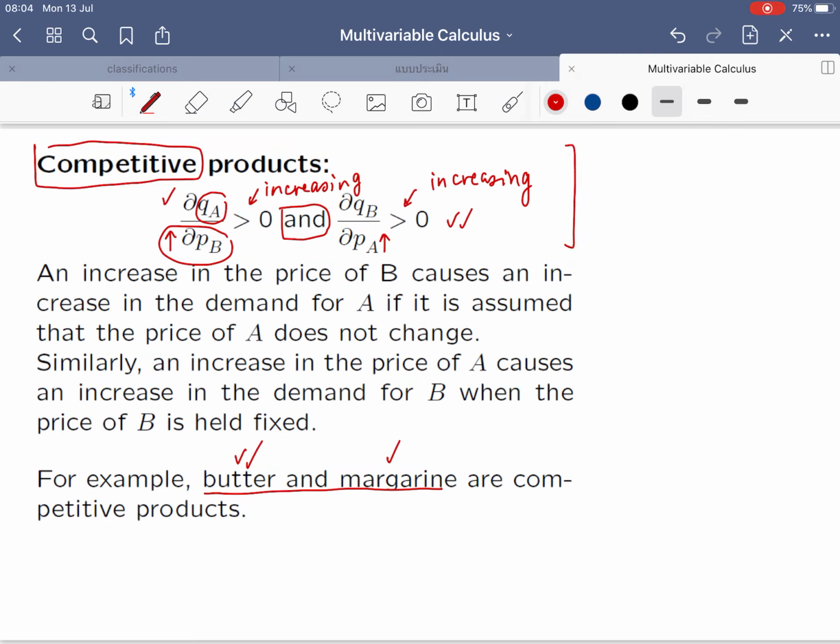The other will be the opposite. For example, I'll remember the competitive: both derivatives with respect to a different price, the price of the other product, have to be positive, then it is competitive, otherwise it is complementary. However, if you understand it the way that we introduced, then you don't really need to remember.